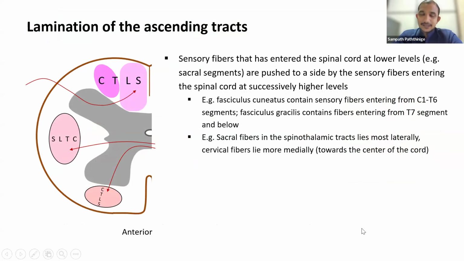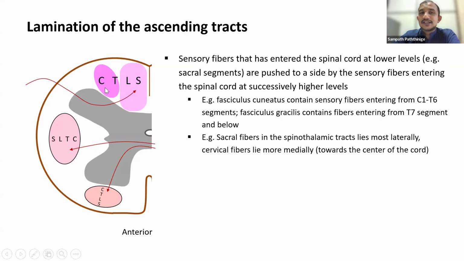Then there is another important thing about these tracts. In the spinal cord, they have something called lamination. For example, think about the posterior column. The posterior column receives sensory information, and as new sensory information is added to the spinal cord, the previously entered fibers are pushed to the side.